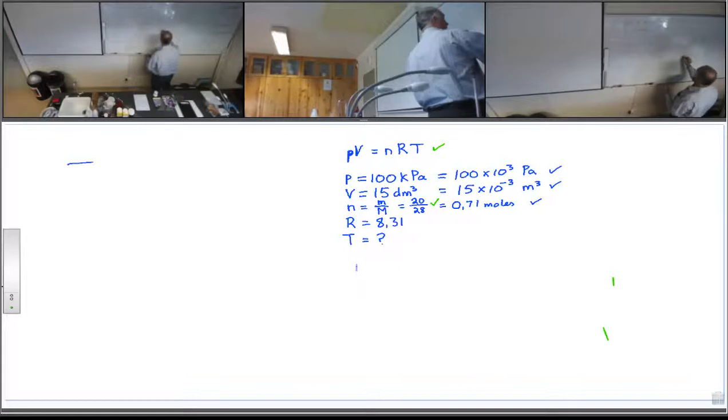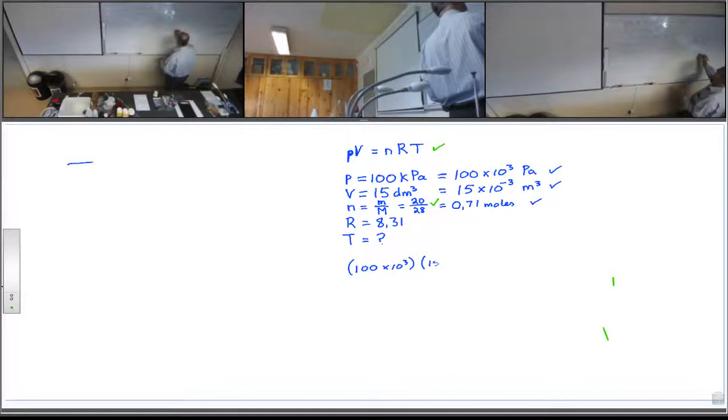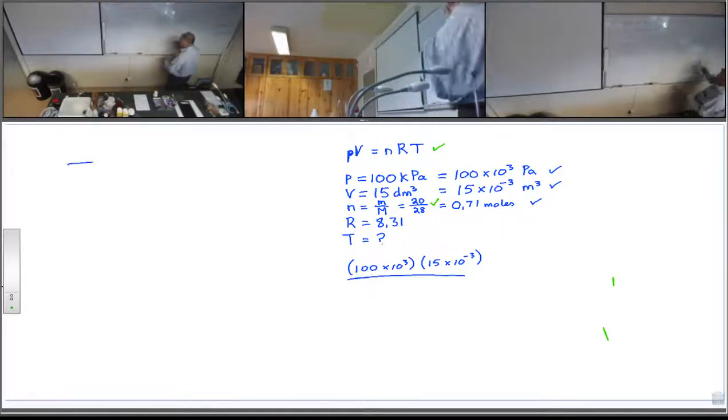P is 100 times 10 to the 3. Always put your substitutions in brackets. V is 15 times 10 to the minus 3.